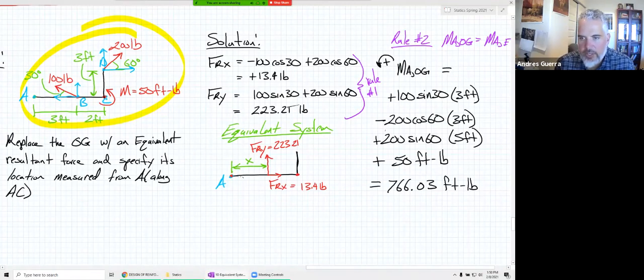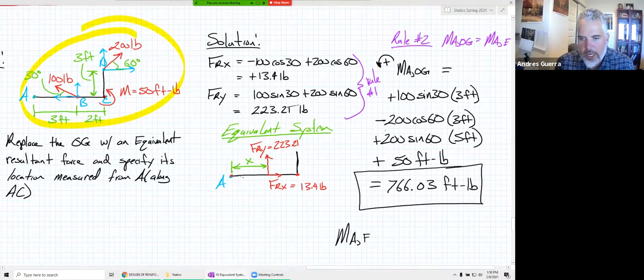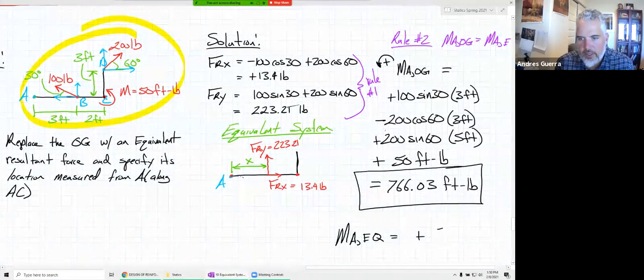So now I've got this value here for the moment about point A of my original. I can find the moment about point A of my equivalent, which is just a positive FRY times X.